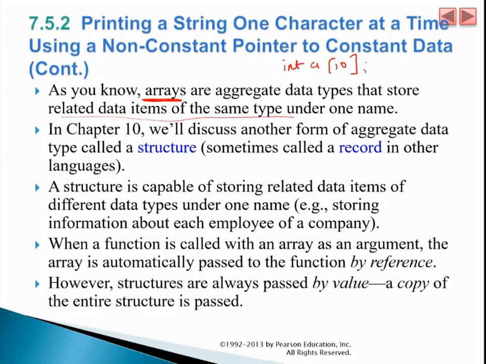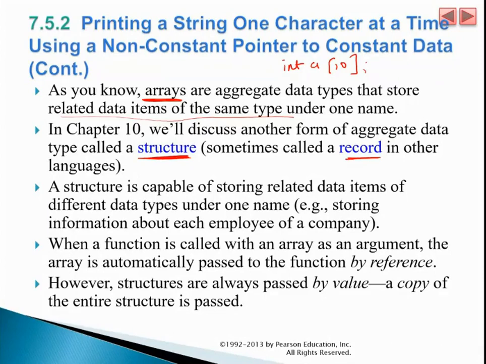Now, later in this course, we will discuss a data structure called structures, which is also known as record. These structures are capable of storing related data items of different types under one name. So whenever we define a structure, you can say that a structure has 10 elements: one of integer type, one of character type, five of float type, something like that.